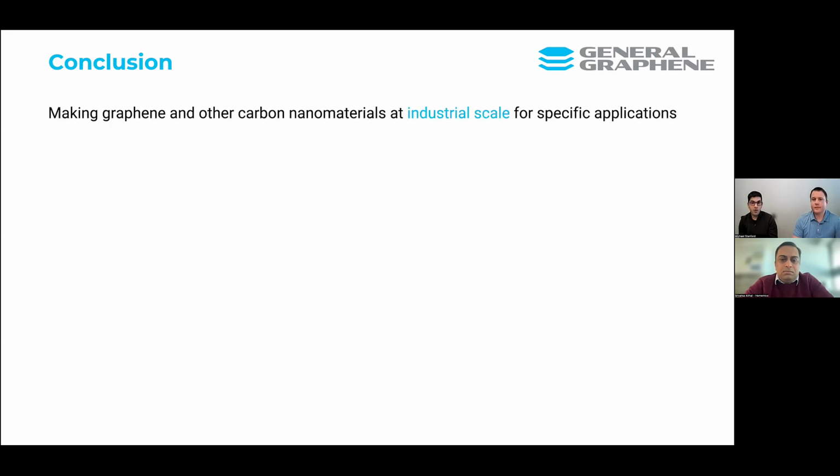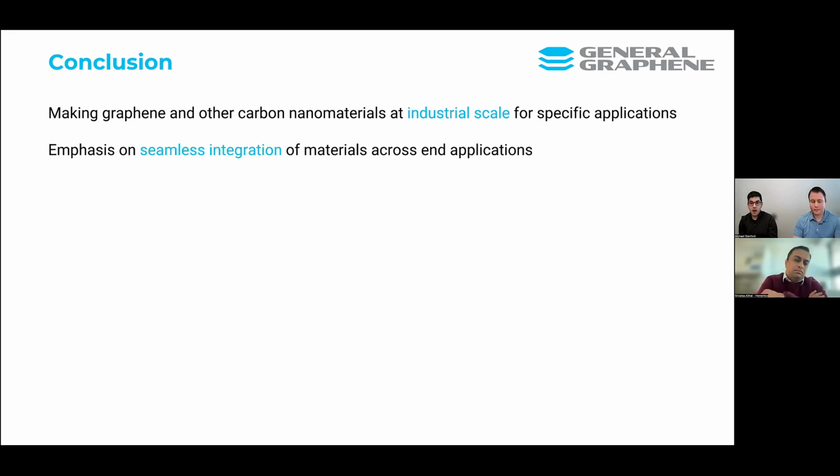And really, to wrap this all up, today we touched on our journey over the years, starting with a focus on synthesizing graphene and moving on to not just making graphene, but other carbon-based nanomaterials, and making them now for specific applications instead of just manufacturing.